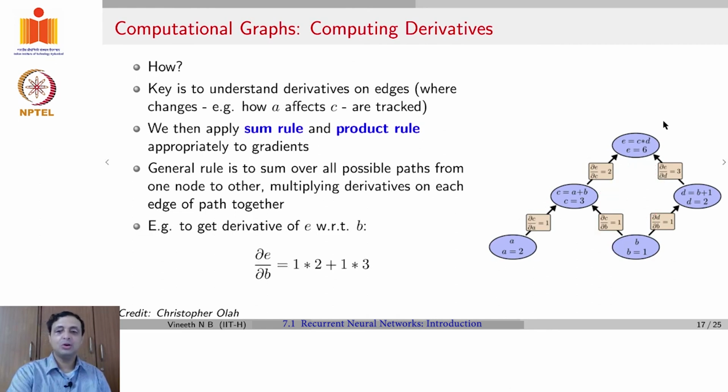So once again, ∂E/∂B in this case would be 1 into 2 plus 1 into 3. That's how you would use a computational graph to get your gradients in a particular expression.